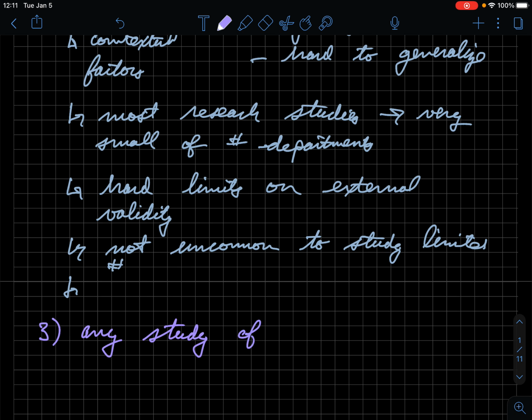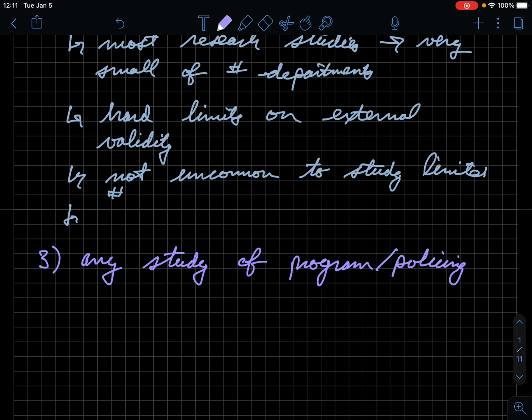let's say we developed a police program that we want to try, or a new police experiment. Any study of a program or police measure has to be feasible. So when you're writing a proposal for a thesis or some other research product or a comprehensive exam, it has to be feasible.